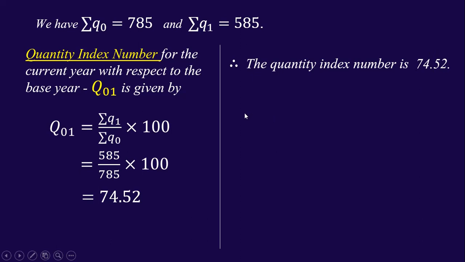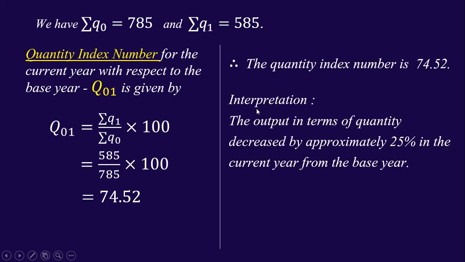First in the base year it is 100 and in the current year 74.50, that is approximately 75. So the output in terms of quantity decreased by approximately 25% in the current year from the base year. So we get this quantity index number of the current year with respect to the base year as 74.52.